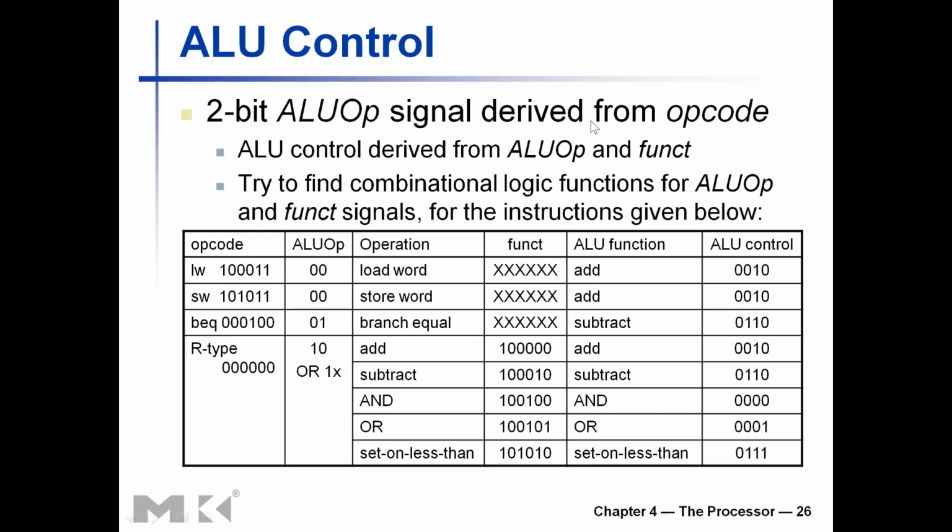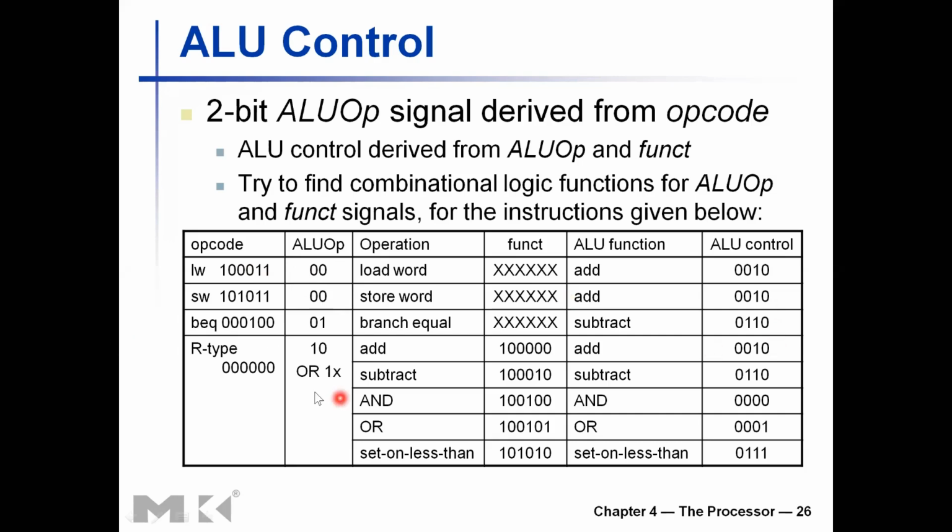Yes, so that answer is partly correct. The idea is for, say, half of the available instructions, you don't need the funct field and you only need the ALU op field. So you only need the opcode. Then the ALU op field can be directly translated into ALU control very easily.